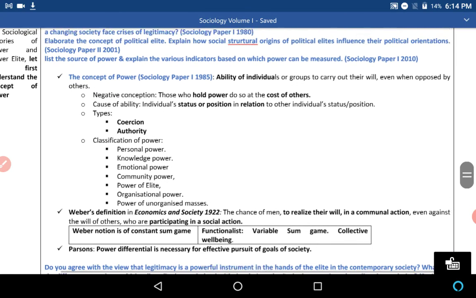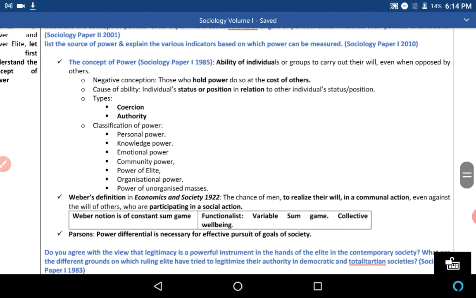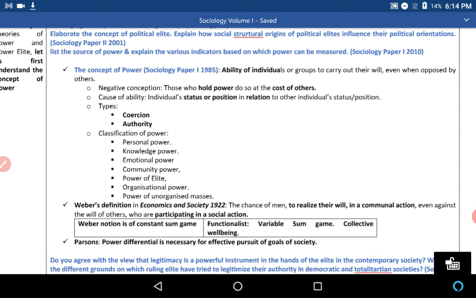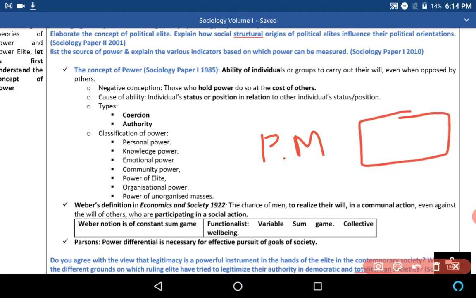Now, the concept of power was asked in 1985, Paper 1. So what is the concept of power? It is the ability of individuals or groups to carry out their will even when opposed by others. So if you see, this individual has the power to change the life of millions.